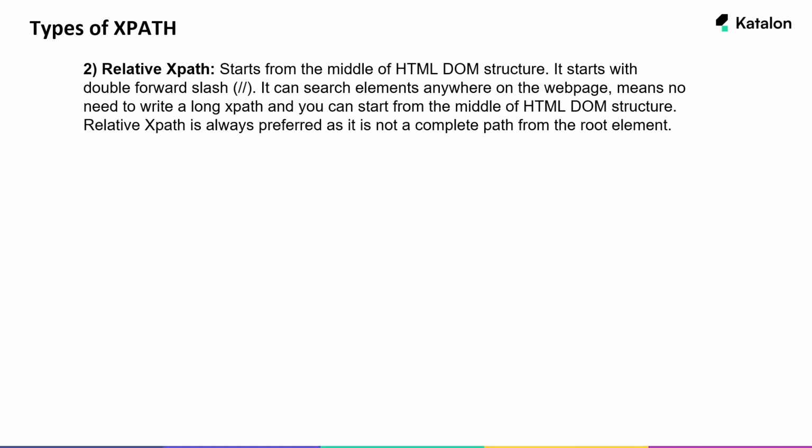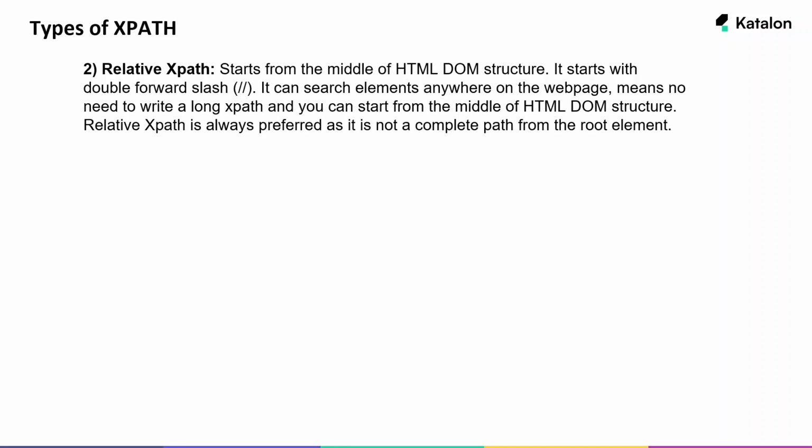The second type is relative XPath, which starts from the middle of the HTML DOM structure. It starts with double forward slashes. It can search elements anywhere on the web page, meaning there's no need to write a long XPath like absolute XPath. You can start from the middle of the HTML DOM structure, whereas with absolute XPath, you have to start from the root of the node.